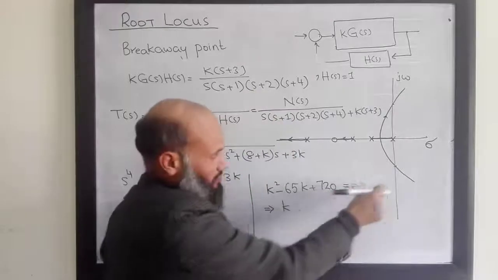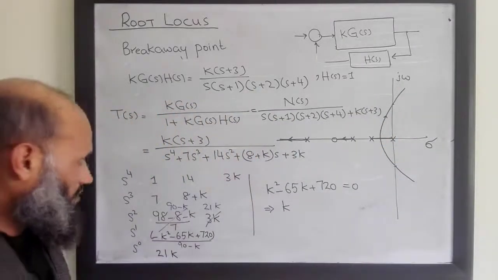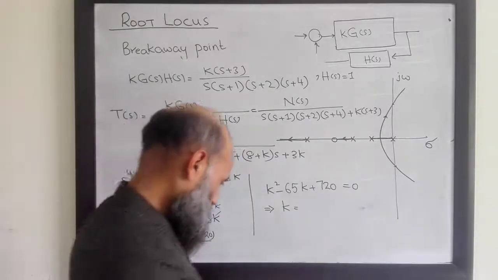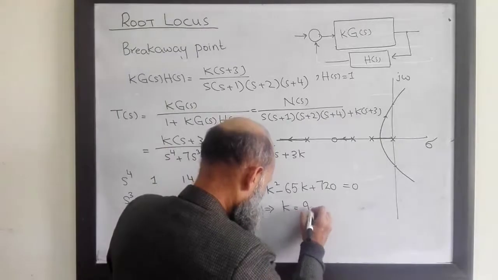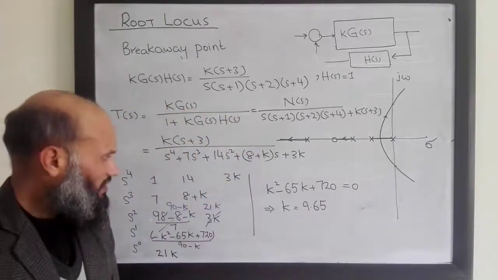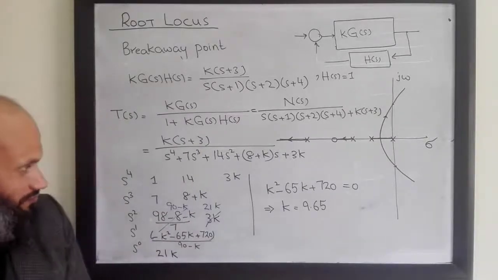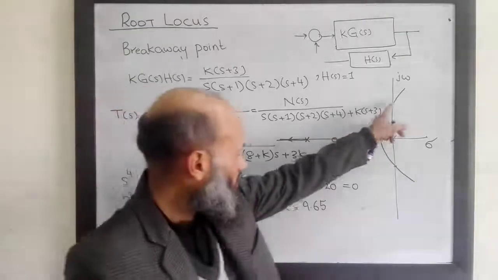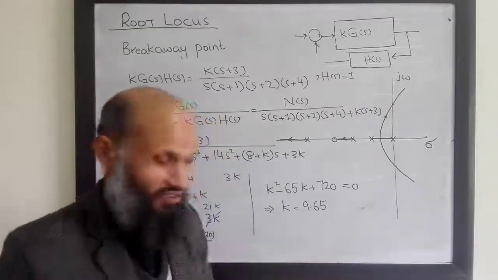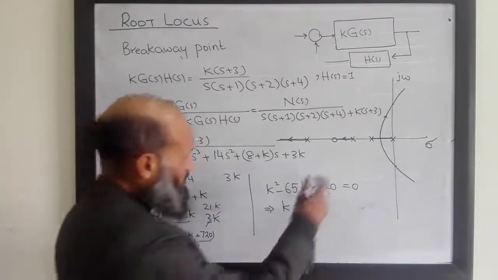So exactly equal to 0 corresponds to this point where the system is at the verge of stability. This gives you two numerical values, that is 9.65 and another numerical value which is basically negative. We are only interested in the positive gains. So this point over here corresponds to a gain of 9.65.